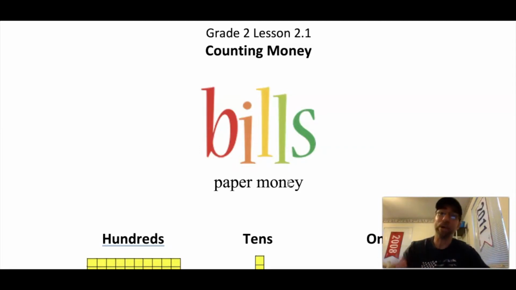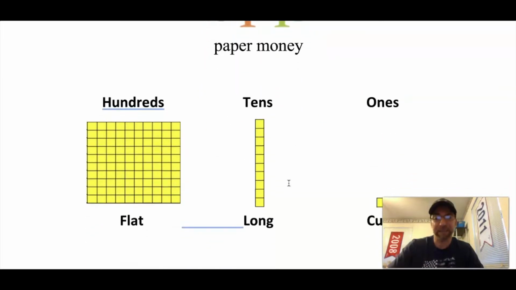So we have coins, and our coins are little circles, round, metal. And then we have our bills, which are made out of a special kind of paper. Helps it last longer. Now, before we start counting some of our bills, I want to remind you about some place value.